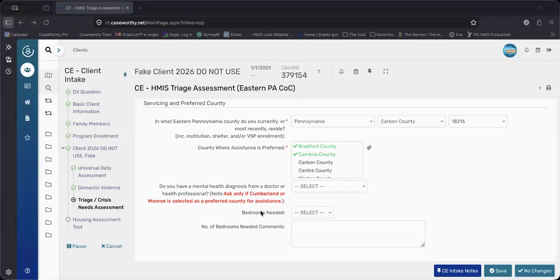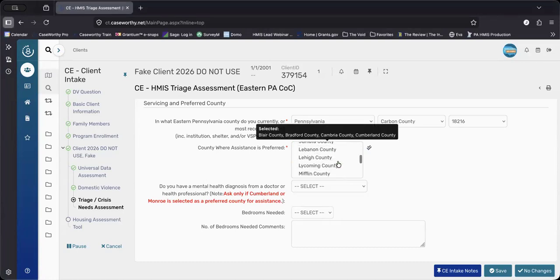We have spelled out the entire question, how we would like it to be asked: Do you have a mental health diagnosis from a doctor or a health professional? And only if Cumberland or Monroe County was selected in the preferred county list, that's the only situation in which you need to ask this question.